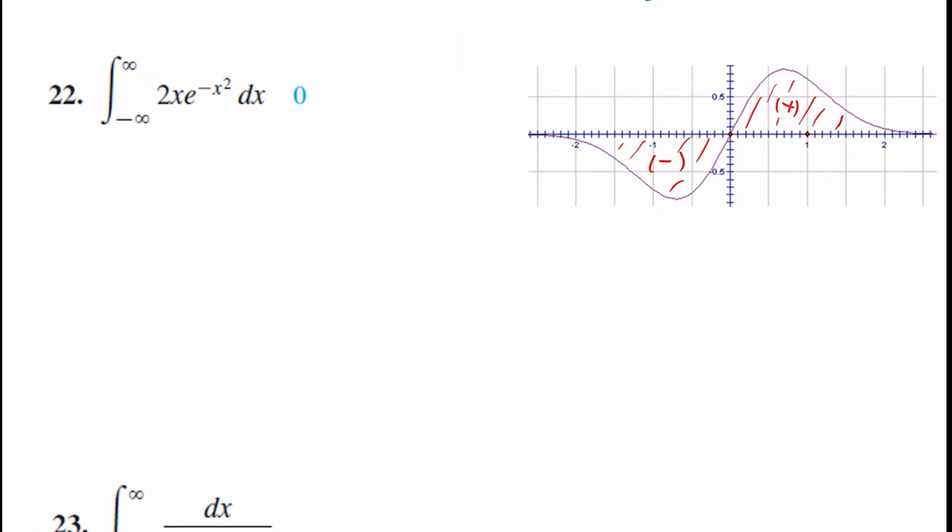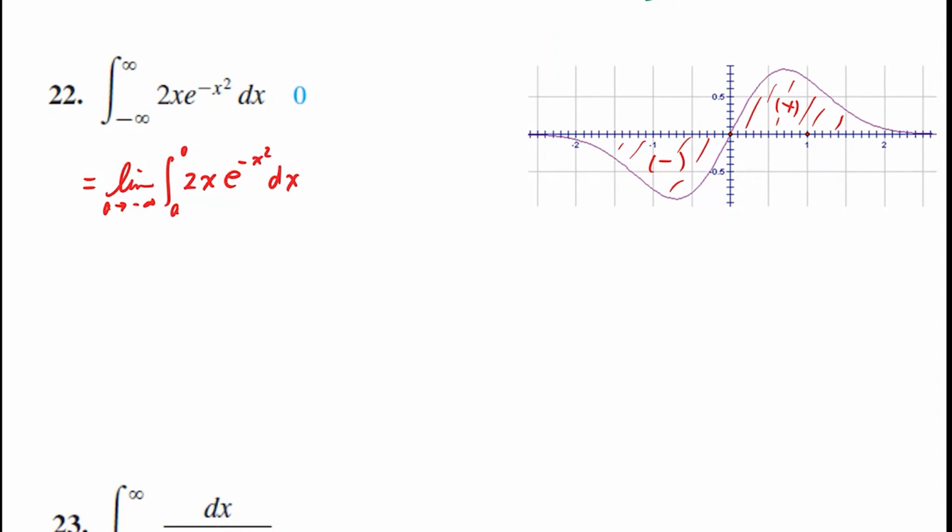Now, do you realize this is a u-sub? So we'll write it into a proper integral first. So the limit as a approaches negative infinity of the integral from a to, let's break it up at 0, of 2x e to the negative x squared dx.